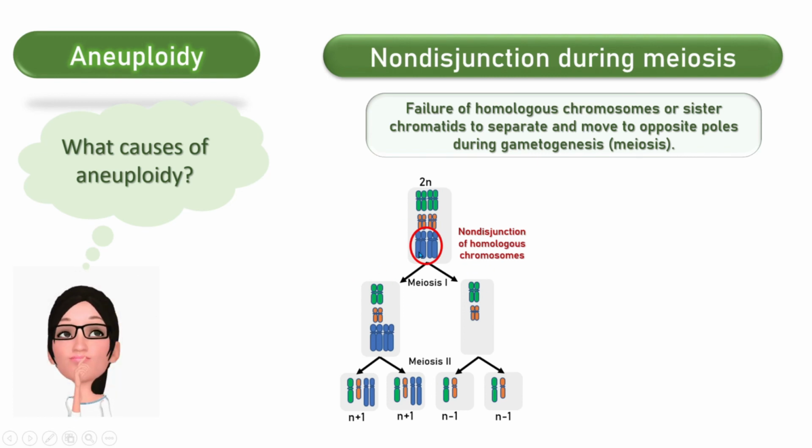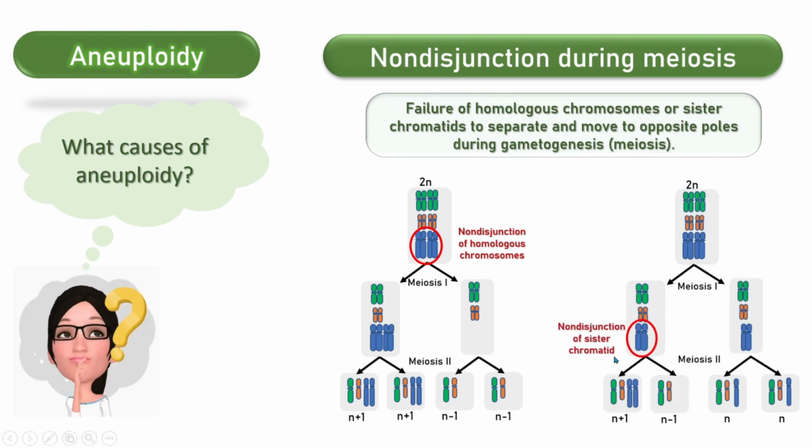If the homologous chromosomes undergo non-disjunction, they fail to separate and move to opposite poles. So these homologous chromosomes will be passed to the same cell instead of being separated to another cell. This will produce abnormal gametes n+1 and n-1.